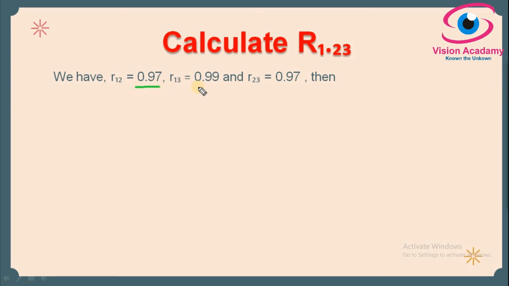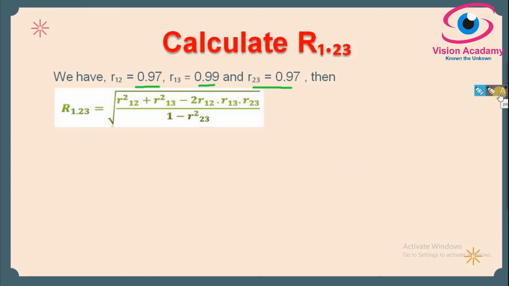R12 is 0.97, R13 is 0.99, R23 is 0.97. Then we will apply the formula of R1.23 and replace all the values.